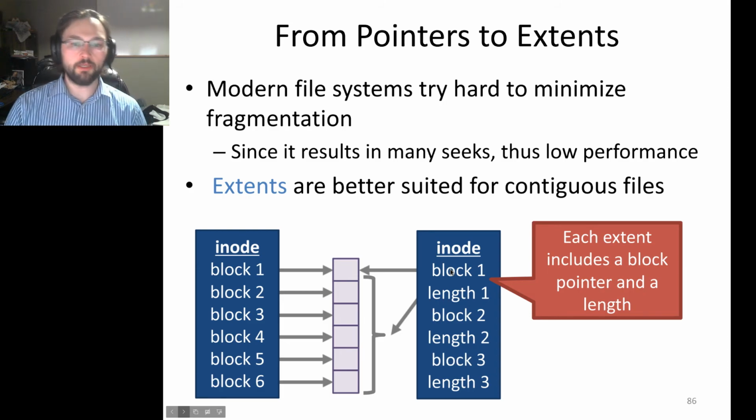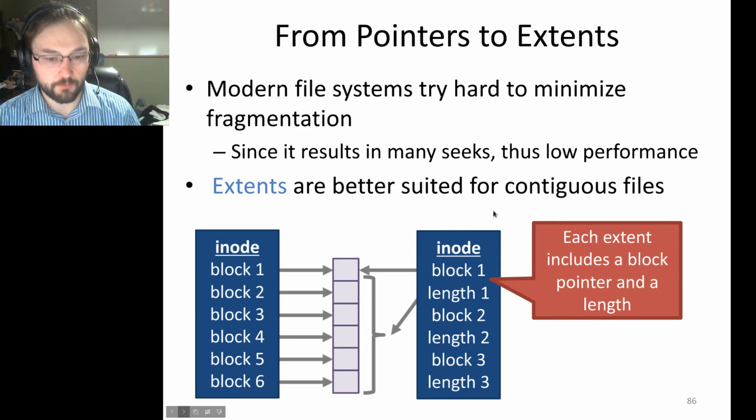So if we're fully fragmented, then this is going to take up twice as much space as it would with a traditional list of block pointers. But we're probably not fully fragmented, and if our average run length within the file is even 3, this is reasonably efficient. And we're not looking for run lengths of 3, we're looking for run lengths of 1,000.